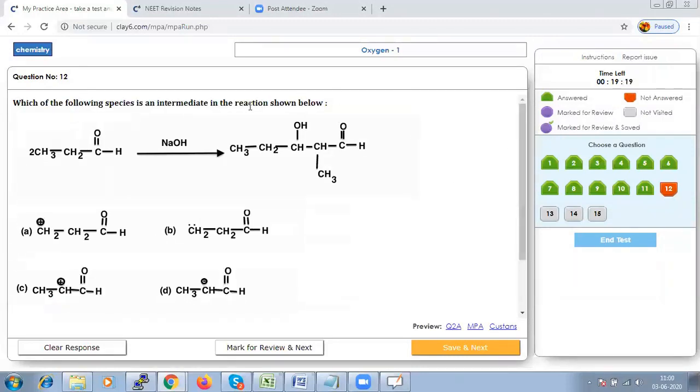Which of the following species is an intermediate in the reaction shown below?